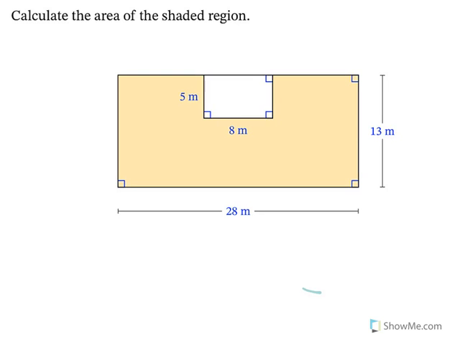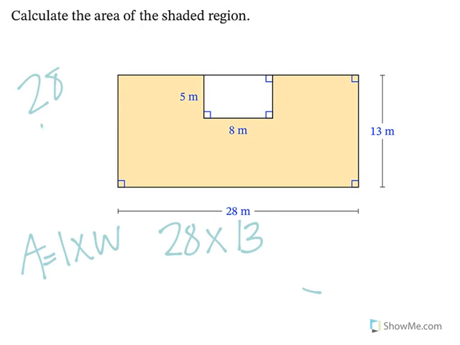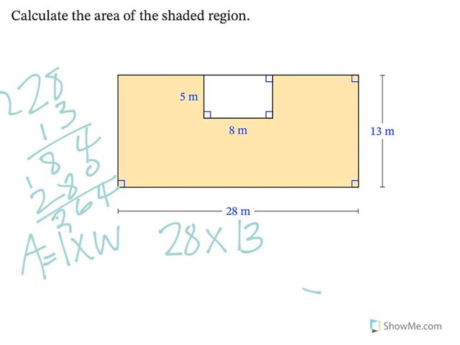So we have a rectangle, so length times width. We got 28 times 13. I'm going to work it out. So we get 364 meters squared.